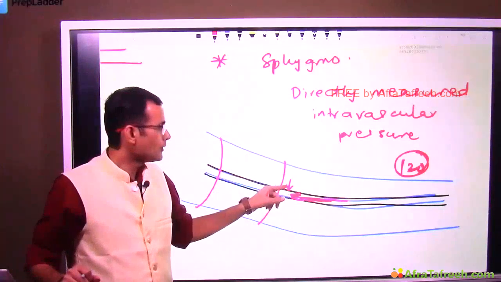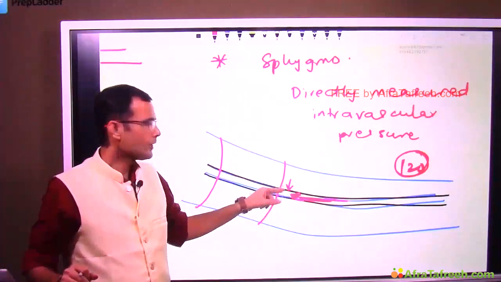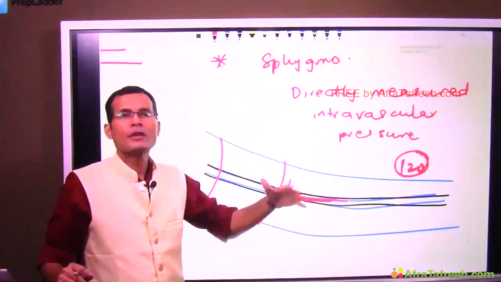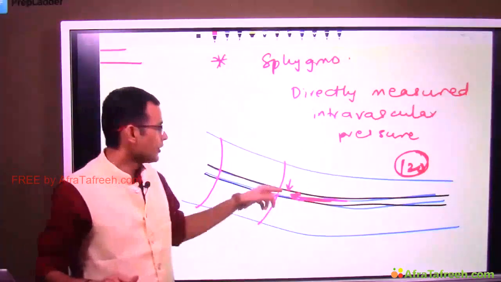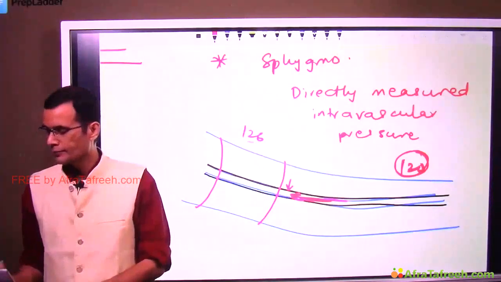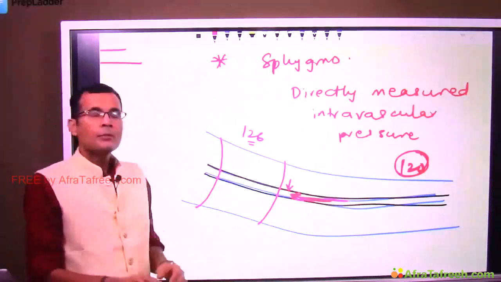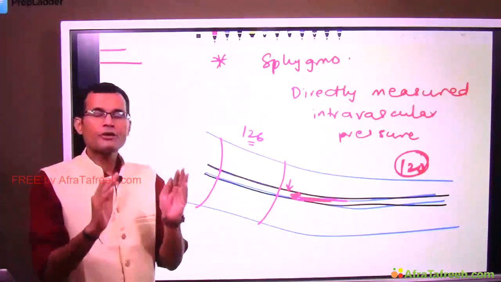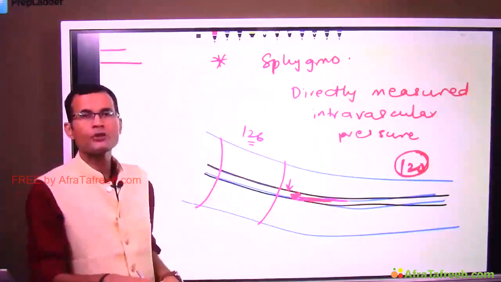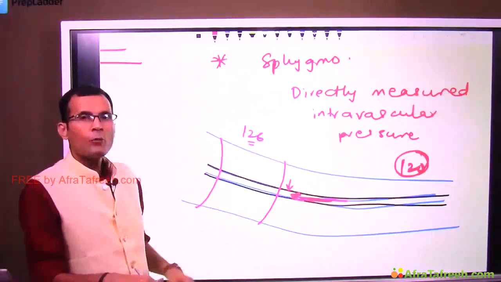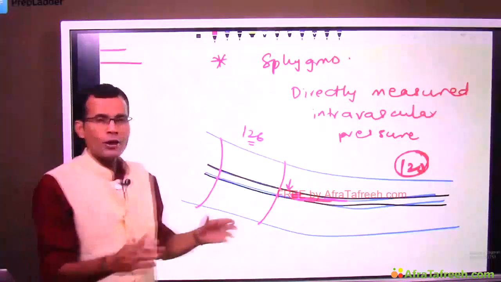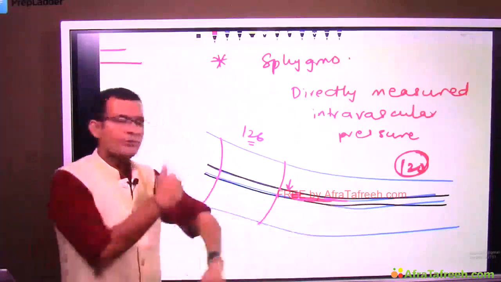So if we have to occlude this artery completely, the pressure just outside the artery will have to be 120 or more, like 121, let's say. But for the pressure just outside the artery to be 120, cuff pressure will have to be about 126. You know why? Because some amount of cuff pressure gets dissipated in the intervening tissue. When the cuff pressure is 126, out of that 6 mm of Hg, look, the artery is deep inside and the cuff is on the outside.